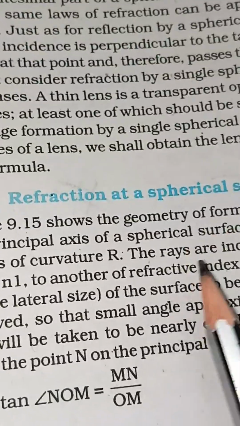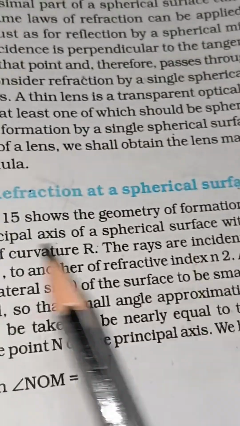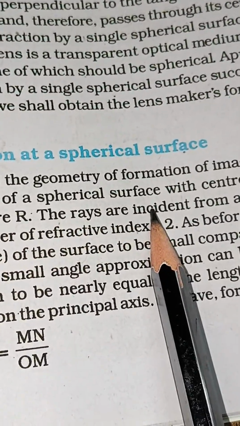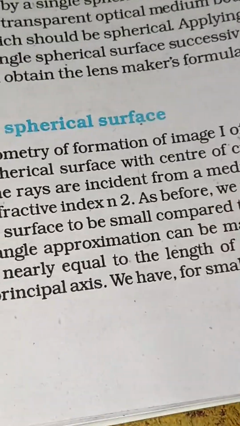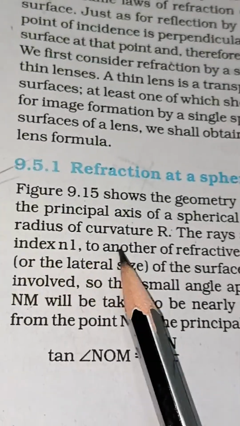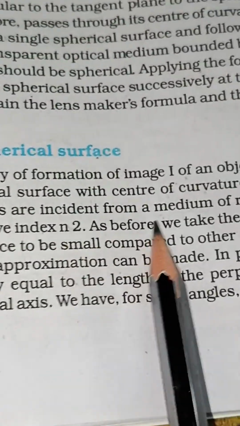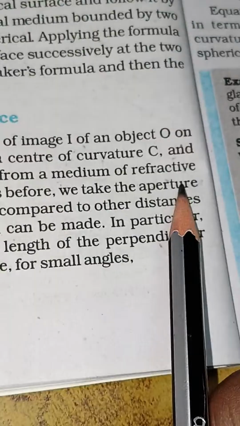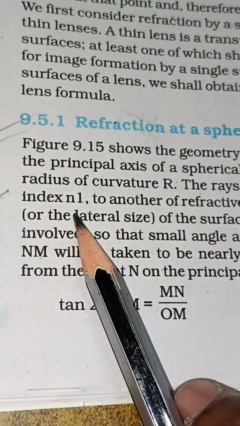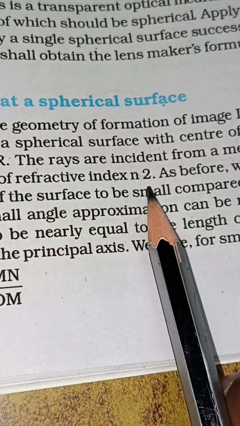Next is the geometry of the formation of image I of an object O on the principal axis of a spherical surface with center of curvature C and radius of curvature R. The rays are incident from a medium of refractive index n1 to another of refractive index n2.